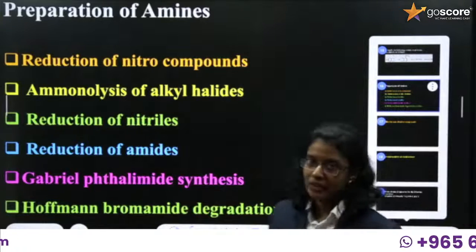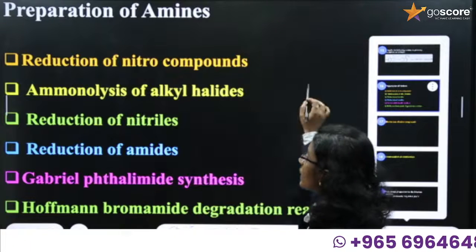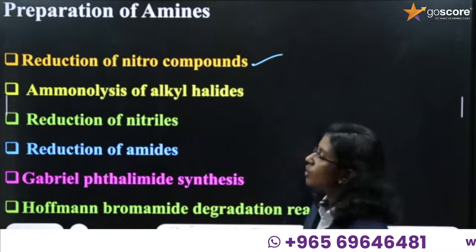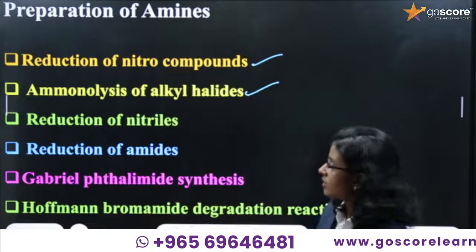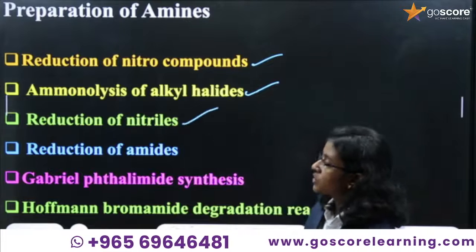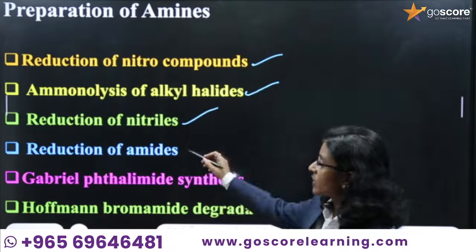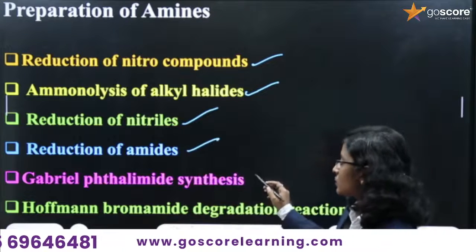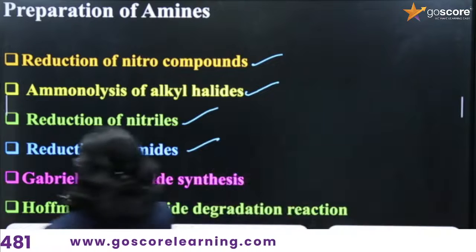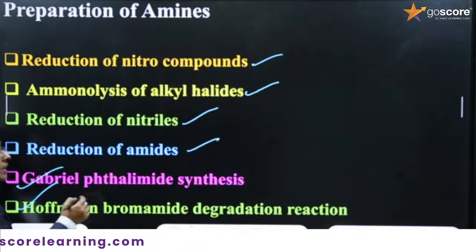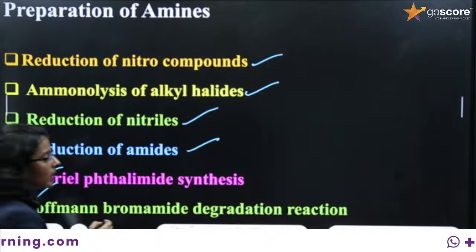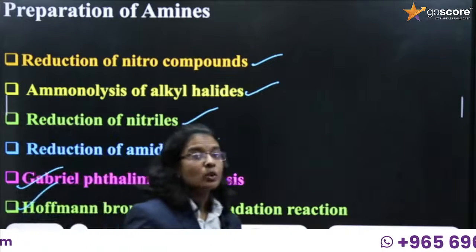preparation of amines. You can prepare amines from the reduction of nitro compound, ammonolysis of alkyl halide, the next method, the third one is reduction of nitriles, and the fourth one is reduction of amides. These two are very, very important named reactions in amines, that is Gabriel phthalimide synthesis and Hofmann bromamide degradation reaction.